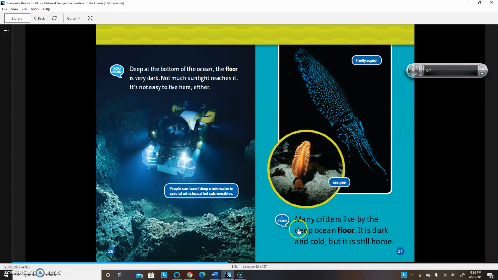Once we have done that, we would go back through the titles, subtitles, captions, pictures, charts, and all those other text features in order to create questions for ourselves so that we set a purpose for our reading. We are looking for the answers to these questions. One thing I wanted to note is that when we are surveying the text, we also need to read the summary of each chapter if one is present.